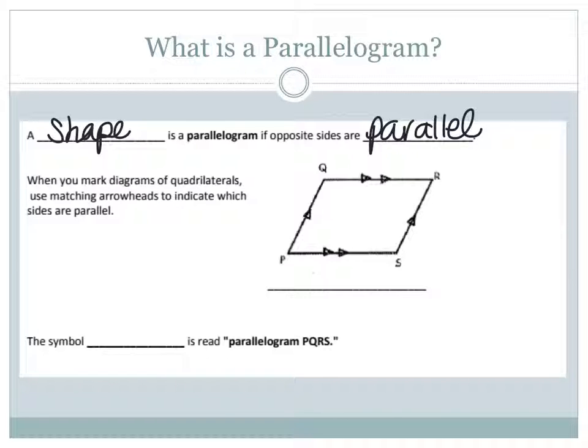When we mark diagrams of quadrilaterals, we use arrowheads, little arrows, to indicate if they're parallel or not. If you look at that parallelogram, we were trying to tell you that PQ is parallel to SR, because they have one singular arrowhead on them.